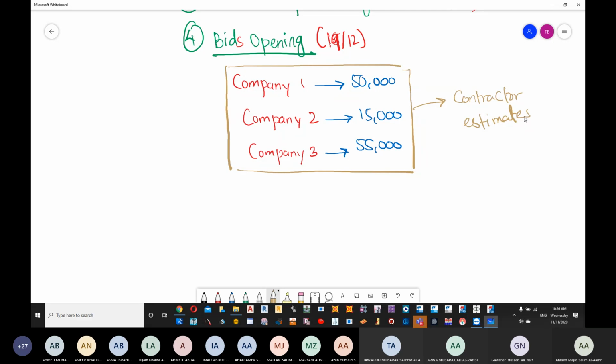These are the estimates or the offers given by the different contractors. Now, if I want to see whether the 15,000 is okay or not, I need to compare it with something called the owner or owner representative estimate.